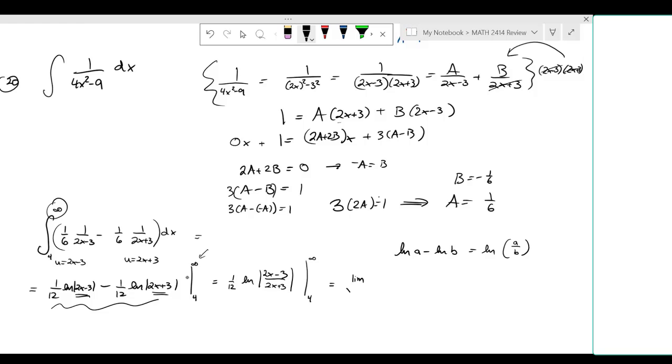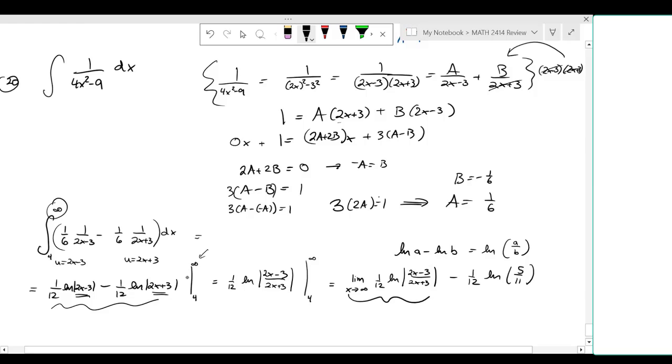Write it out. From proper integrals, you should probably be able to do this limit. So what is this limit?